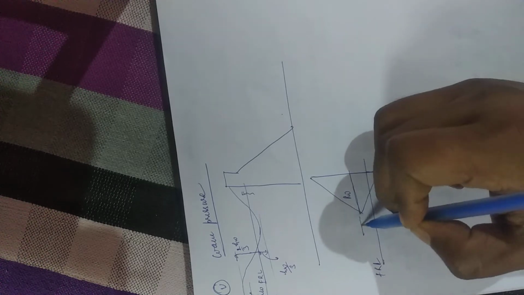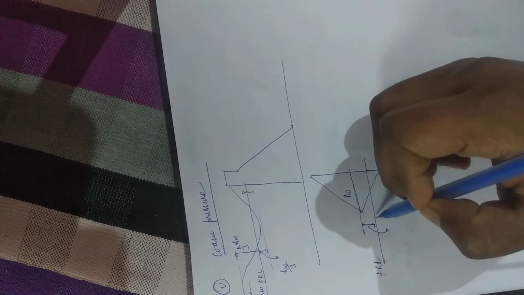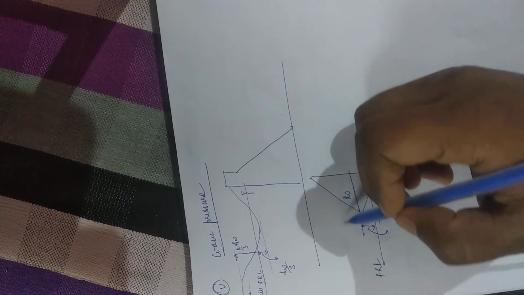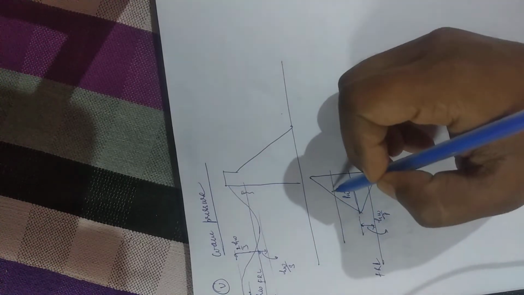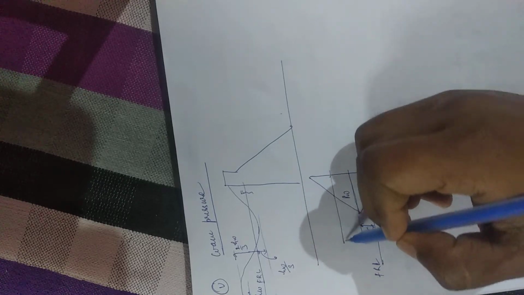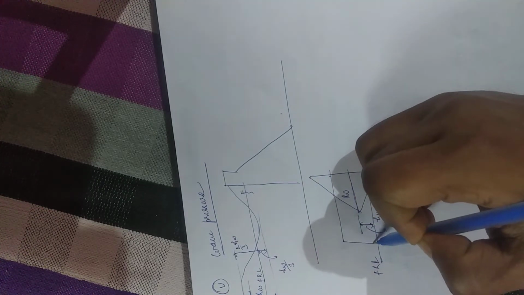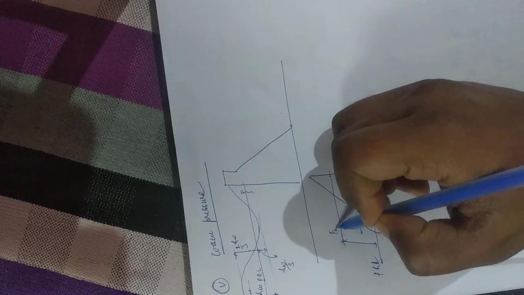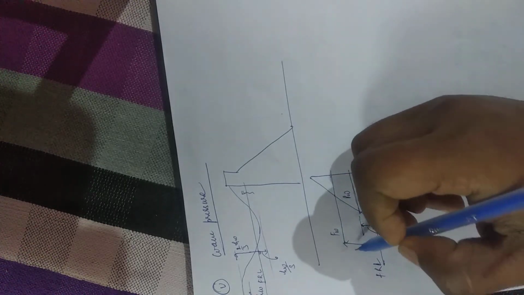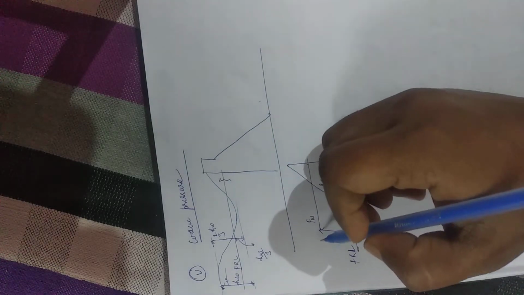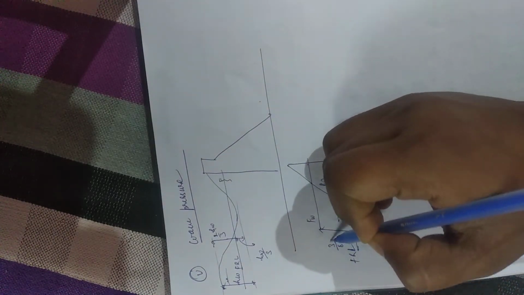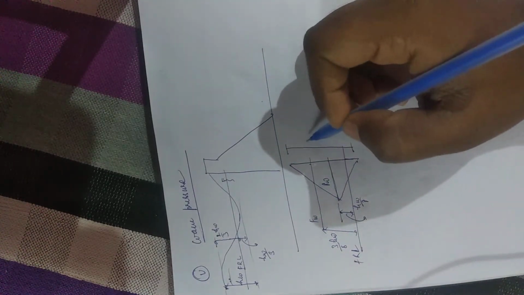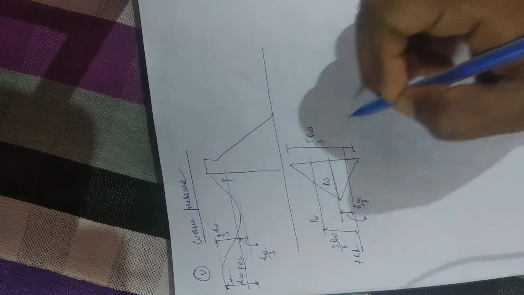And the height of the maximum pressure from the FRL is SW by 8, and the height of the maximum force, or we can say the resultant force, suppose this resultant force is FW, and this height is 3/8 into SW, and this total height is 5/3 HW.